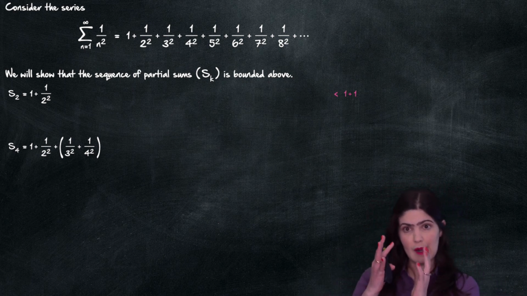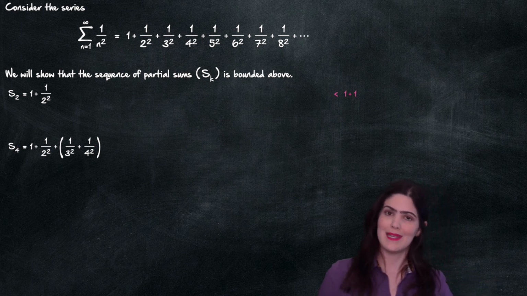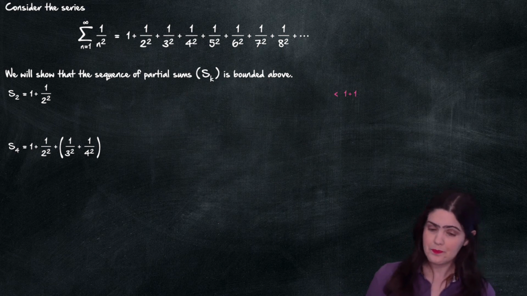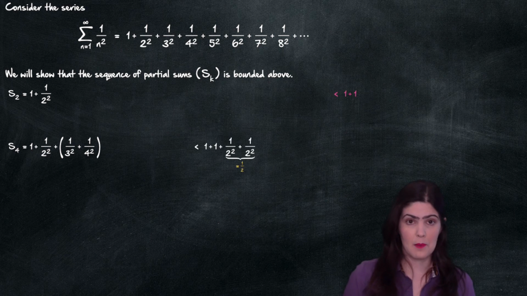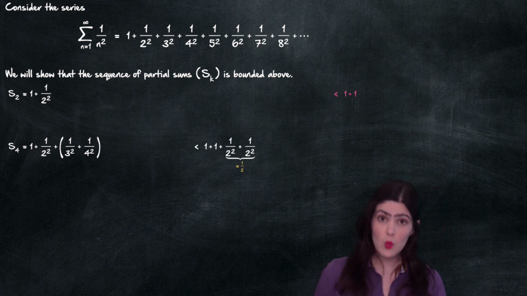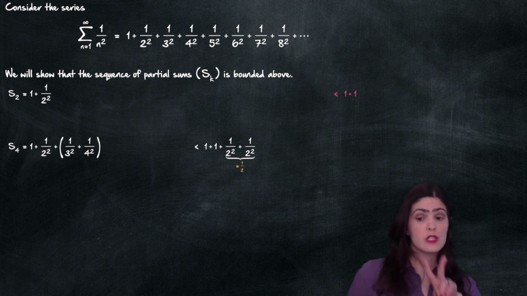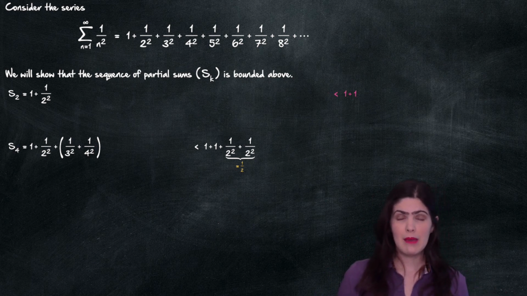The last two I put in parentheses because 1 over 3 squared is less than 1 over 2 squared, and 1 over 4 squared is less than 1 over 2 squared. So I can use these to bound my sum by 1 plus 1 plus 1 over 2 squared plus 1 over 2 squared. So I have 2 times 1 over 2 squared, which gives me 1 over 2. So I can bound these by 1 plus 1 plus 1 over 2.